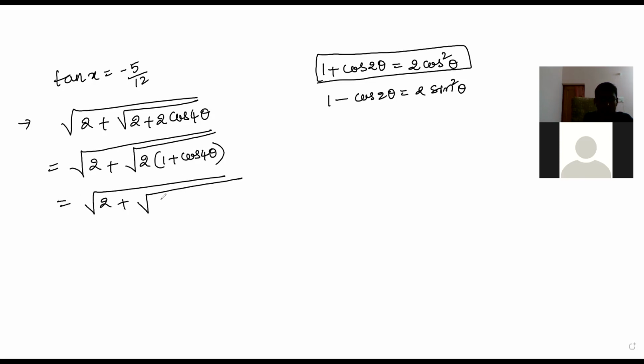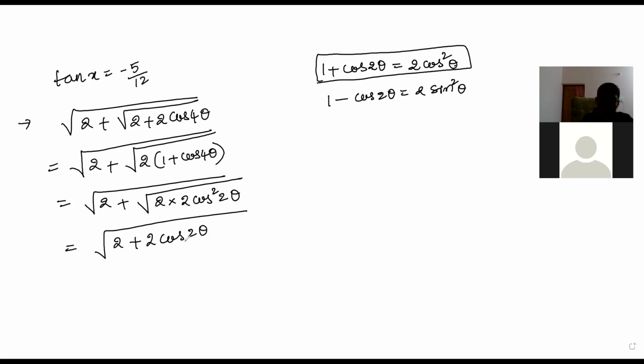So what you get here? 2 plus under root of 2 plus, this is 2 into 1 plus cos 4 theta. 1 plus cos 4 theta, 4 theta means 2 theta, so what you get finally? 2 cos square 2 theta. Under root 2 plus, this 2 square when it comes out of the root, 2 cos 2 theta.